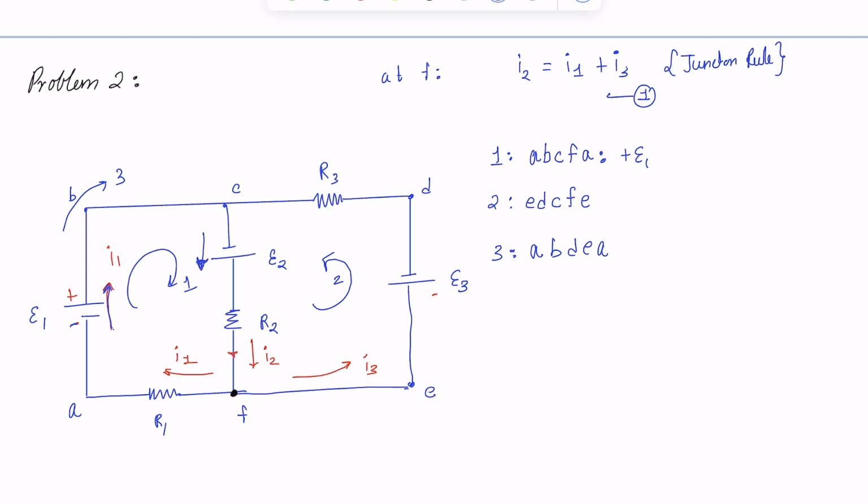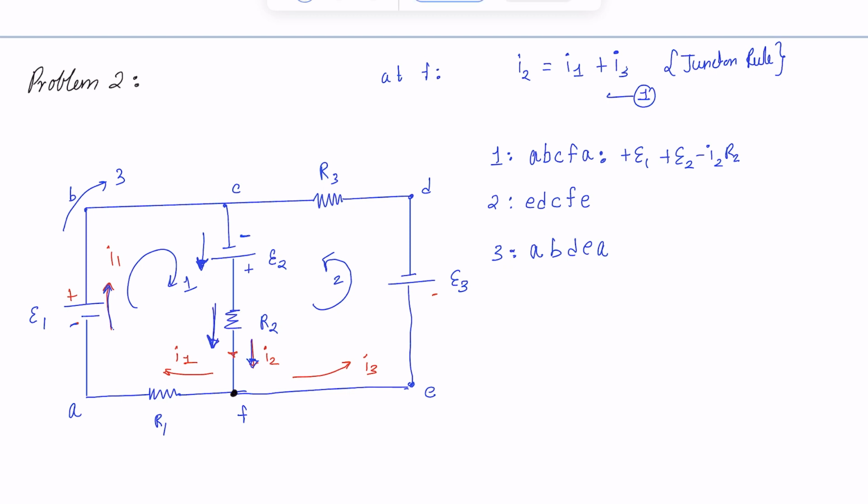So this will again be positive epsilon 2, positive because the first terminal I see is negative and the second one is positive, so I take the second terminal sign. Then minus I2 R2, because I am traveling in the direction of the current. There's an I2 current coming down like this, and I'm also traveling in that direction.